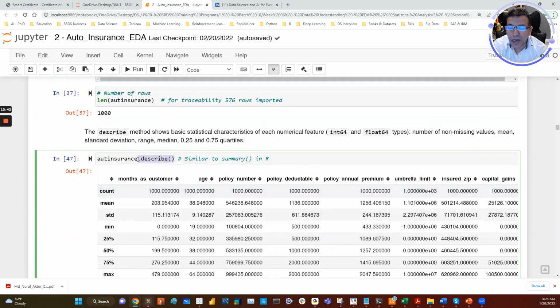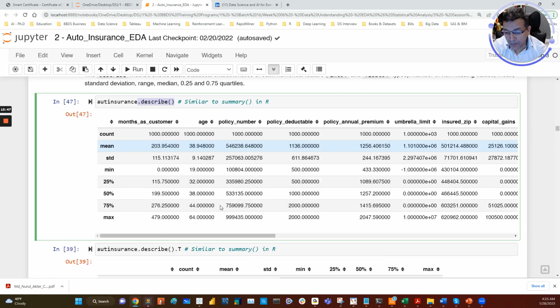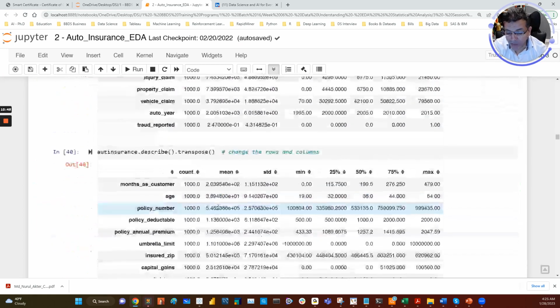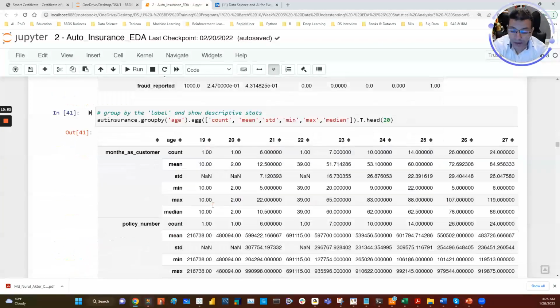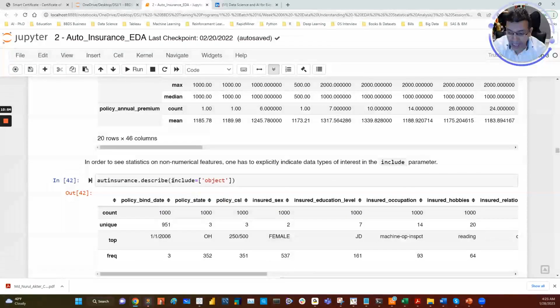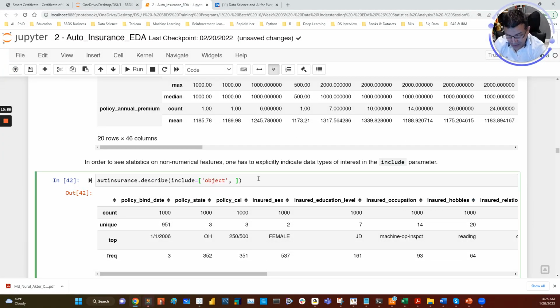And describe by default works for numerical data, but if you want to force it to include the categorical data, you simply add include object, comma, let's say boolean, if you have boolean, comma, whatever character. If you are not using pandas, you are going to have a different type of categorical data.